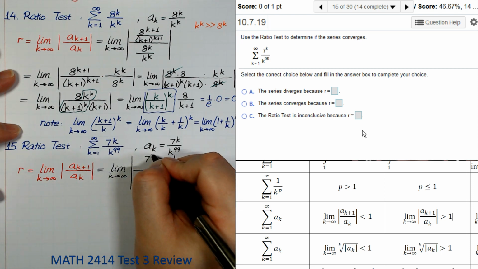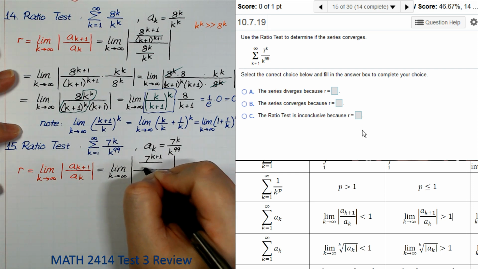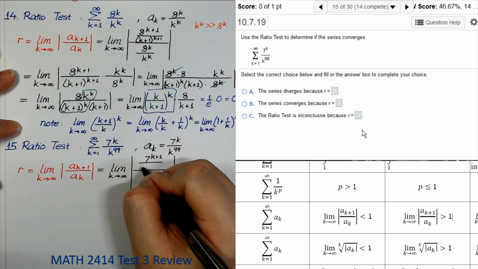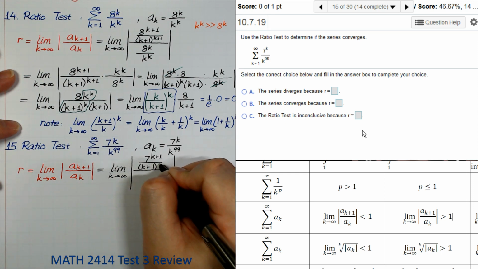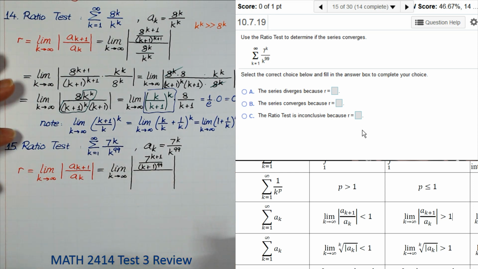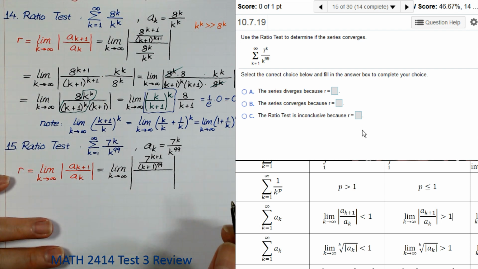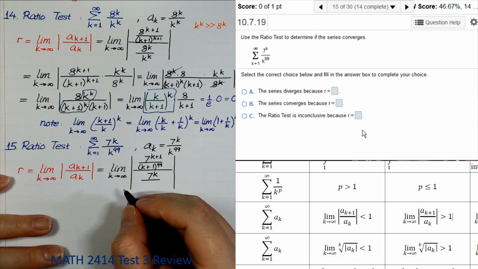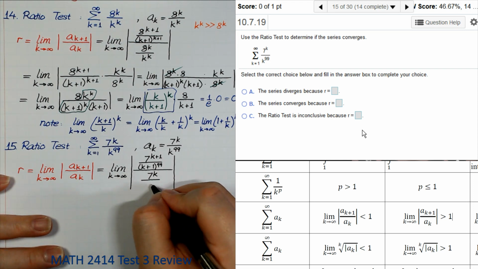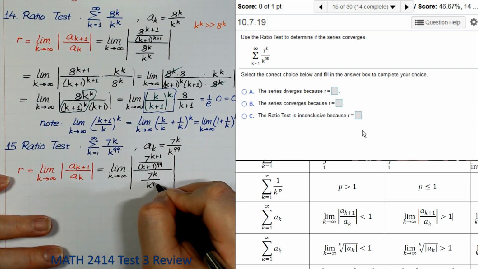So I have 7 to the k plus 1 over k plus 1 to the 99, and the bottom 7 to the k over k to the 99.